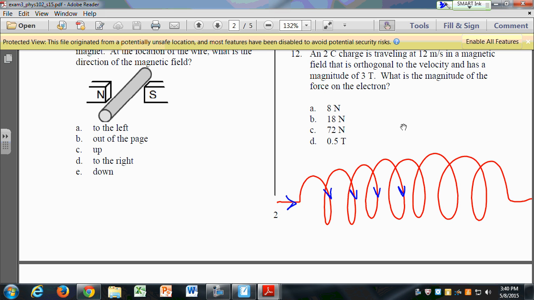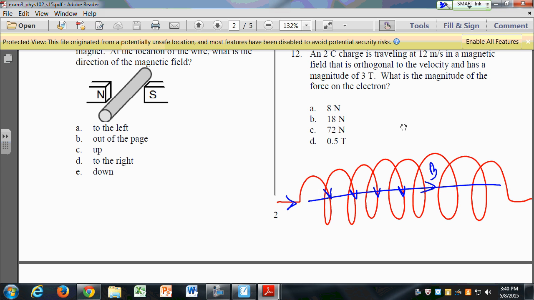So it's really just an application of this sort of thing. Your magnetic field on this one would point in this direction, inside the loop would point in that direction. Can y'all do that? No?